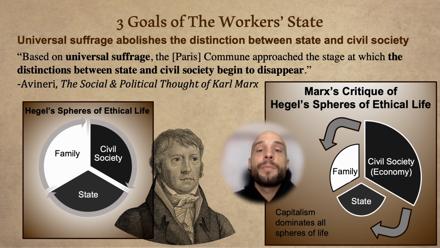As democratic participation extends across all spheres, no single one stands above the rest. At that point, universal suffrage completes its own task. By dissolving the distinction between state and civil society, it abolishes the state as a separate power. This is not the end of collective organization, but the beginning of genuine human emancipation.